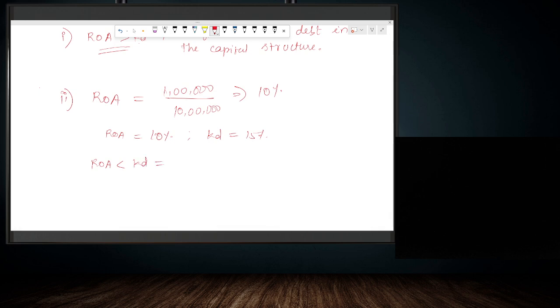So is it better to have debt in the capital structure, or better to avoid debt in the capital structure? If return on asset is less than cost of debt, it is better to avoid debt in the capital structure. Clear? Any doubt in this so far? Did you all understand this part?